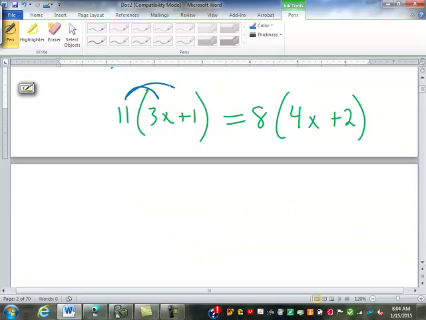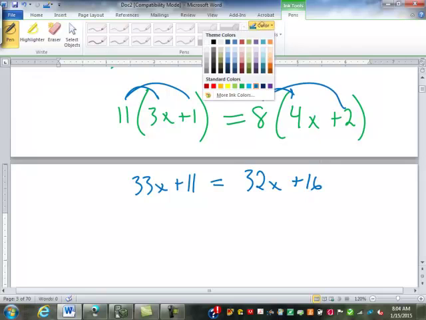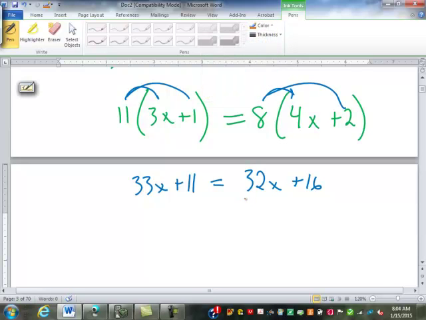We multiply the 11, so 33x plus 11 equals, over here multiply the 8, 32x plus 16. And then we're going to get rid of one of the x's. We'll get rid of the 32x. So x plus 11 equals 16, and subtract 11, x equals 5.